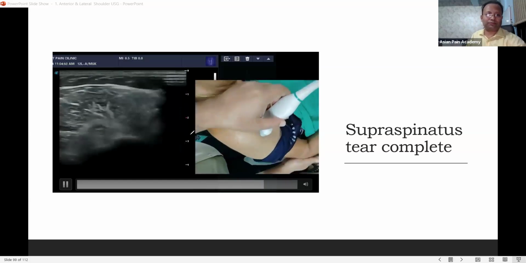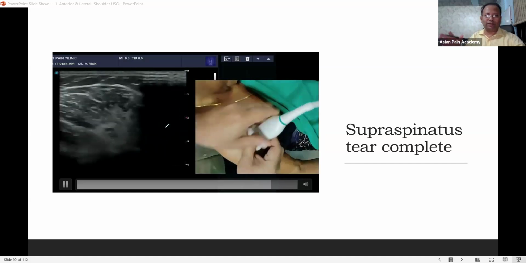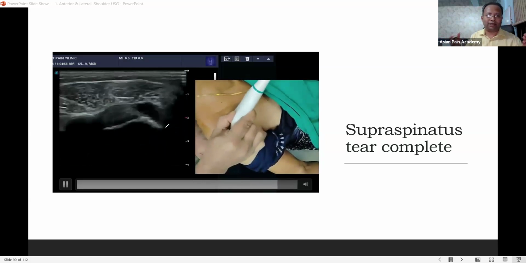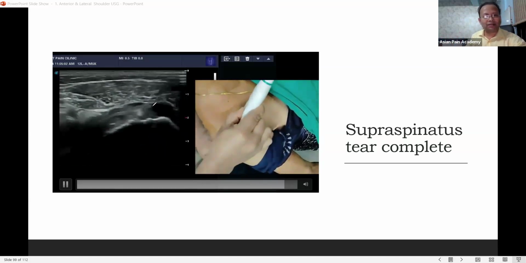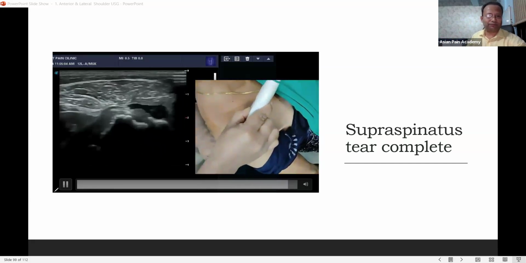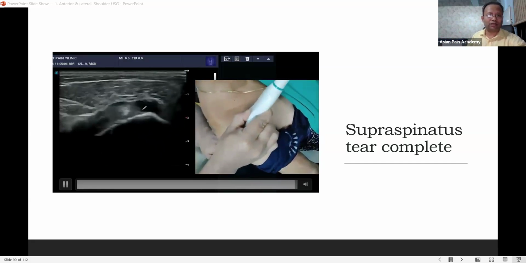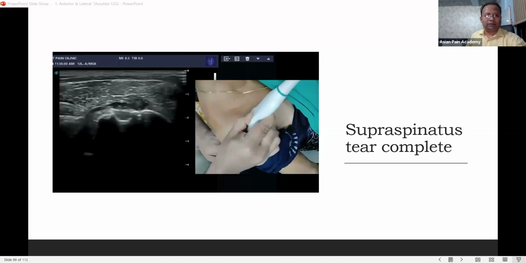So a lot of fluid, and this fluid area should be there in your mind. Wherever there is a complete tear, this picture is there. There is a lot of fluid and some fat, loose areolar tissue, floating there.